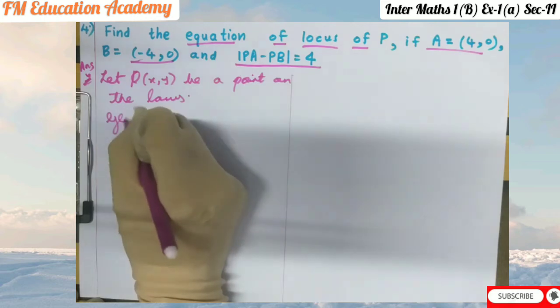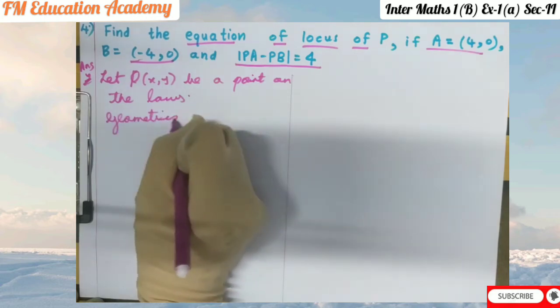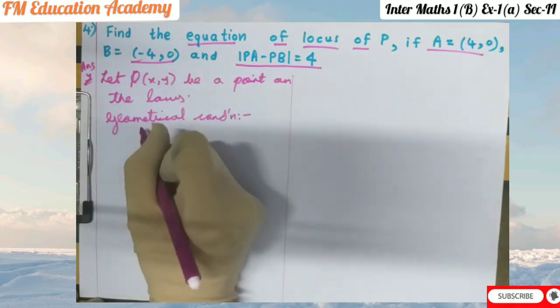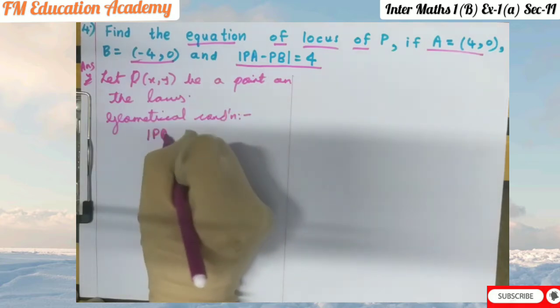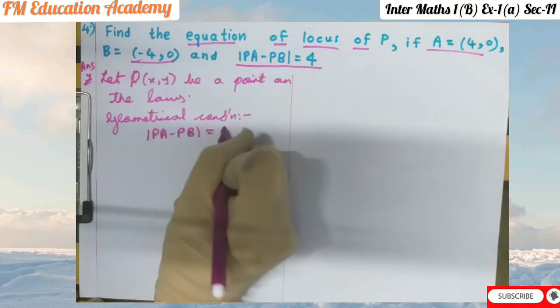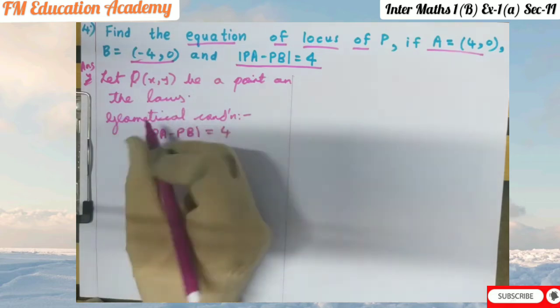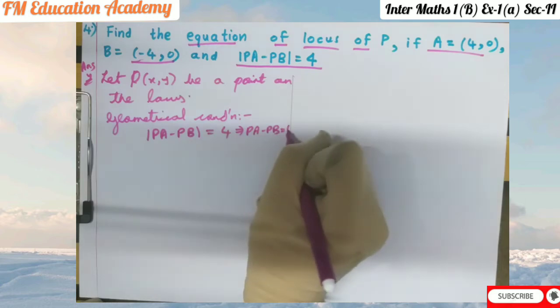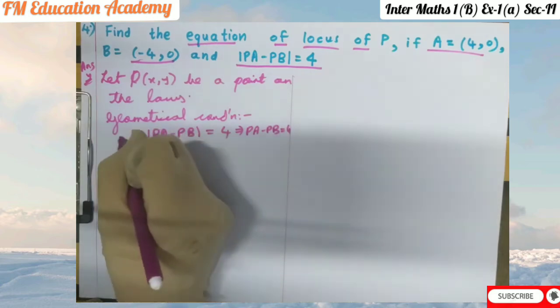Then the geometrical condition to be satisfied by P is mod PA minus PB is equal to 4. We'll take this mod outside, so it becomes PA minus PB is equal to 4. This is the condition given to us, equation 1.